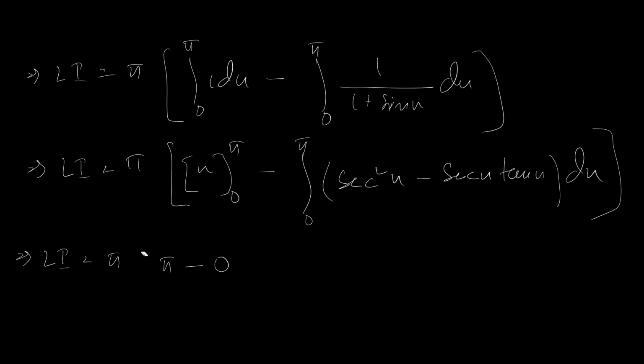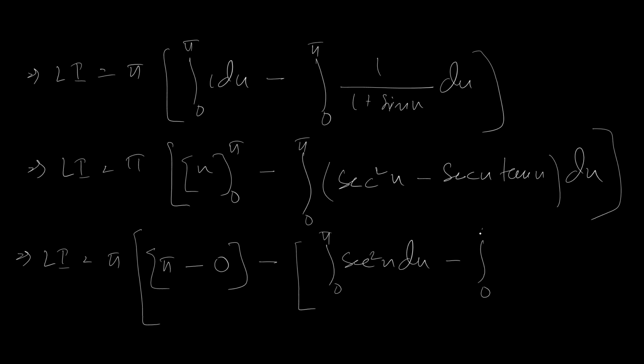So twice I is equal to pi, this will be pi minus 0, minus, here again I have given a bracket, integral from 0 to pi of sec square x dx minus integral from 0 to pi of sec x tan x dx.